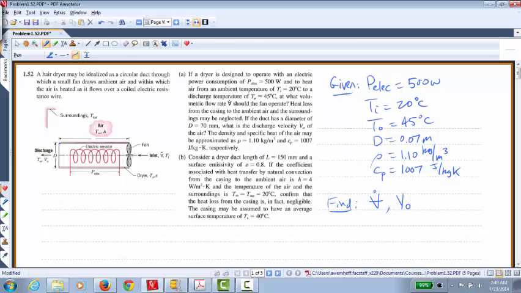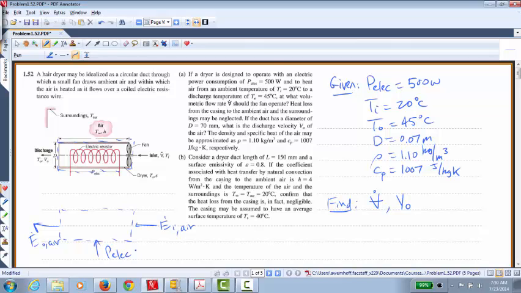So what we'll do is draw a little box, a little control volume around the hair dryer here, and we'll replicate it down here to our energy balances. So what's coming in is we have the energy associated with the air coming in. We also have the energy associated with the air going out. And we have the electric power coming in.